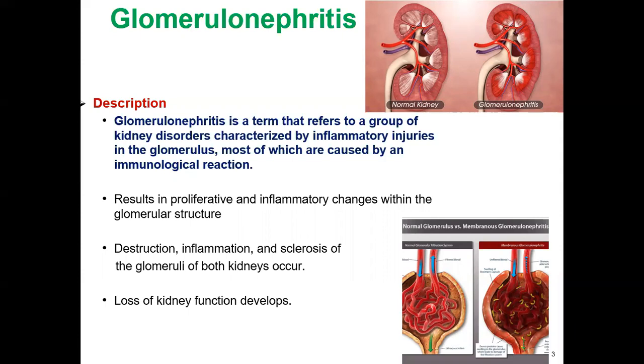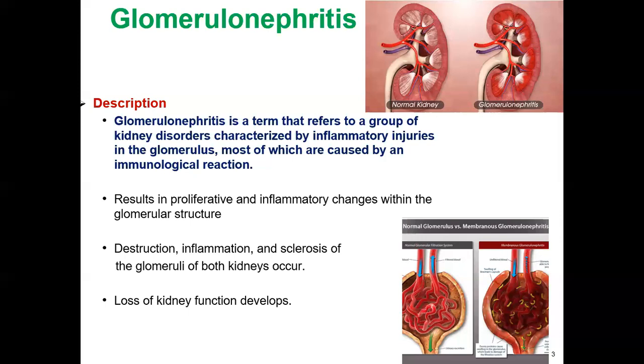The glomerulus is a network of small blood vessels or capillaries, located inside the kidney at the beginning of the nephron. Each of the two kidneys contains about 1 million nephrons. So when this glomerulus is inflamed, we call it glomerulonephritis.